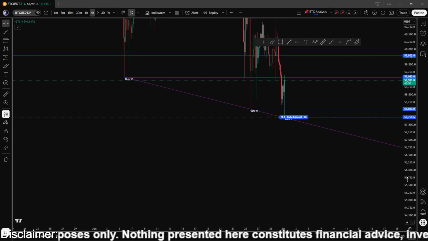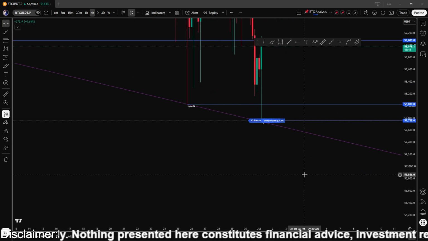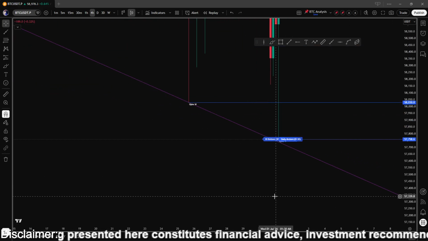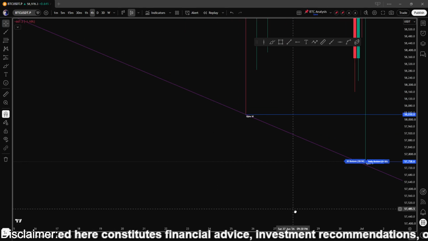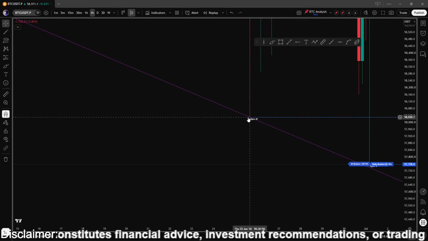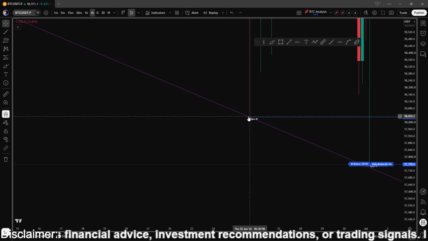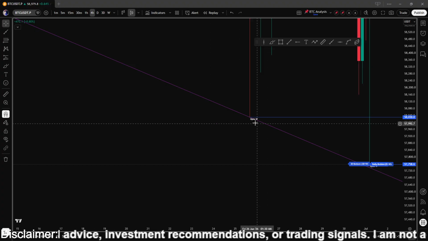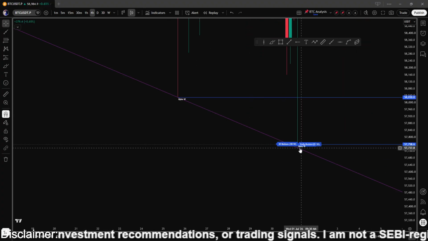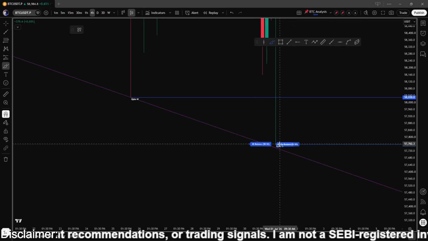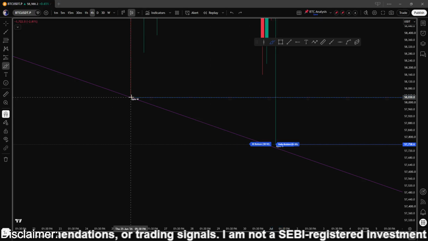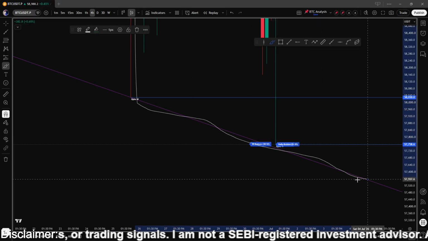And similarly, now we can see the reaction. I've just selected these two lines, right? This one is previous, and this one is also previous, now the current one here. The current reaction we have seen is around this descending trend line.